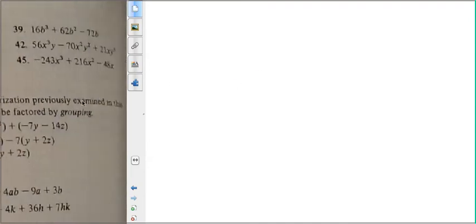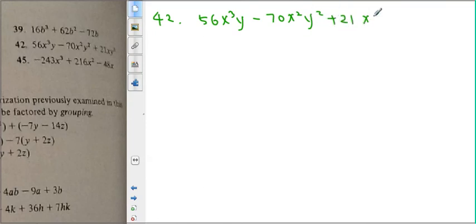Number 42. 56x cubed y minus 70x squared y squared plus 21xy to the third. So here, what if you factor out xy altogether?